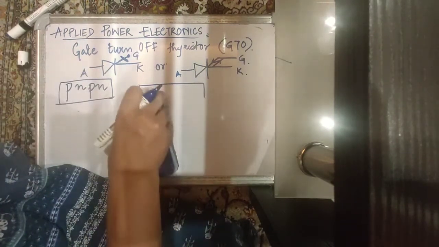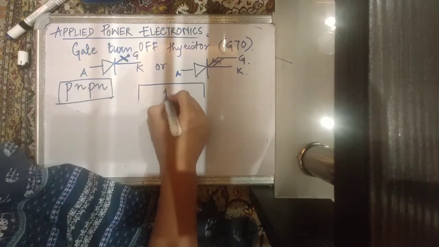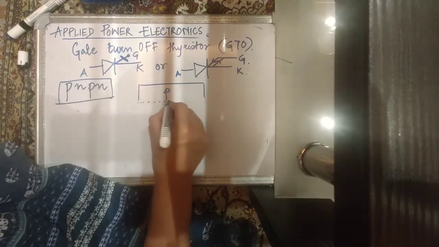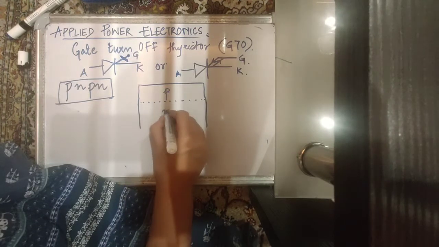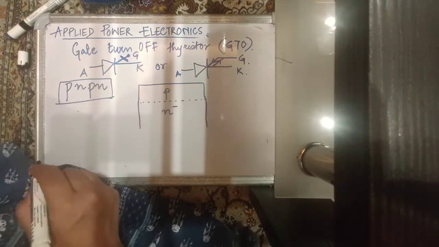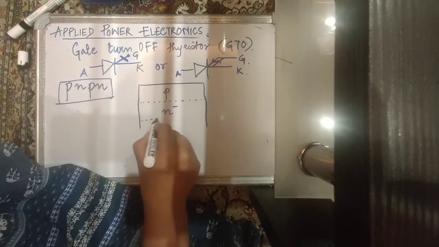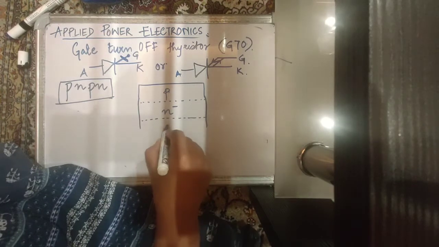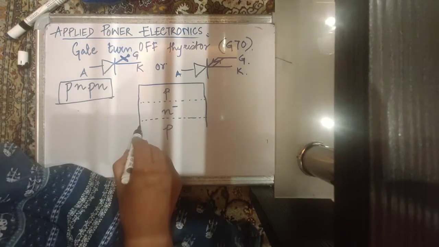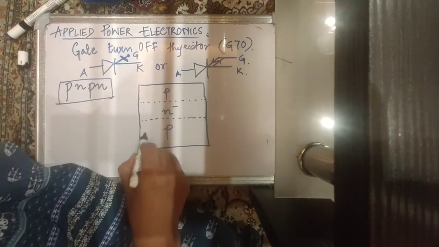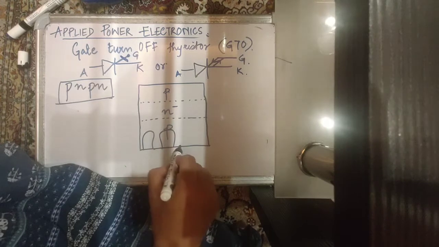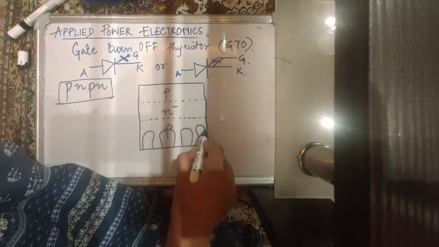Then you have a P region followed by an N region, which is a lightly doped region, so N minus. This is followed again by the P region, and then you have cathode deposits diffused into this P region at many places.